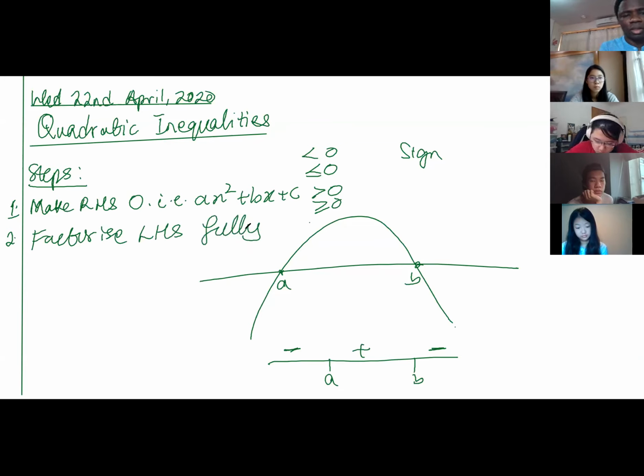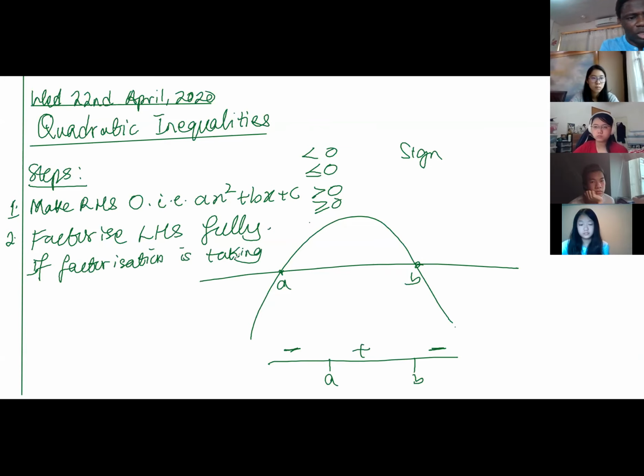Before you can do that, check b squared minus 4ac. Check if b squared minus 4ac gives a perfect square, in case factorization is taking longer time and you're not able to figure out the factors.